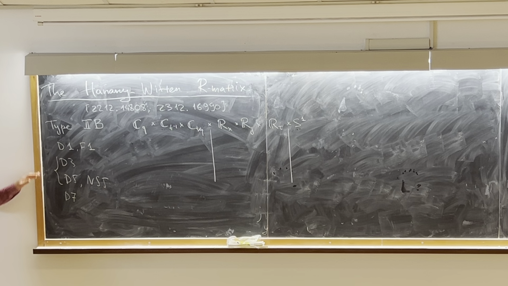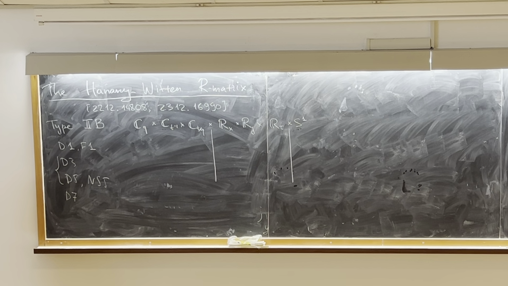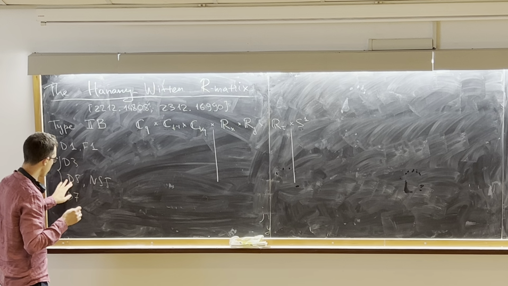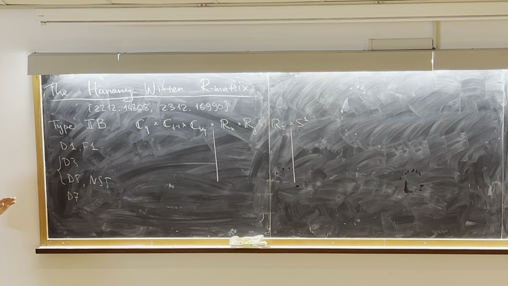So let me make brief comments about these 2 ends of the spectrum. D1 and F1 are going to be built into the algebra, so they will correspond to the generators of my algebra, and the counting of them will be automatic in this construction.